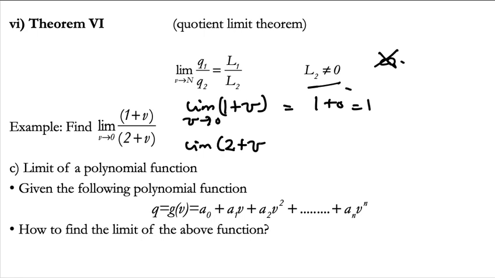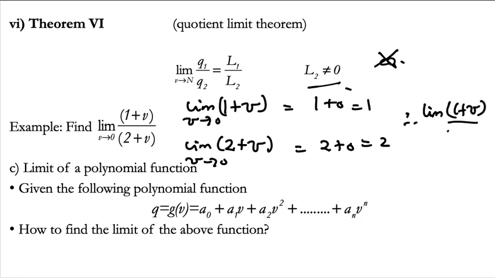The limit of 2 plus v as v approaches 0 is 2 plus 0, which is 2. Therefore, the limit of 1 plus v over 2 plus v as v approaches 0 is 1 over 2, or 1/2.